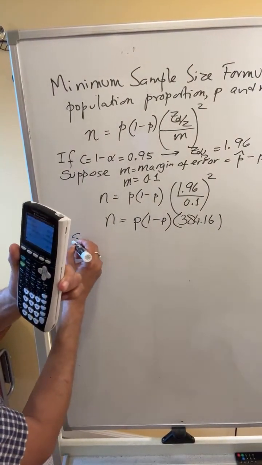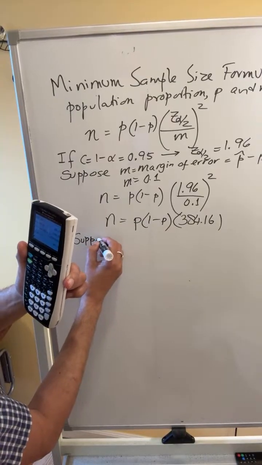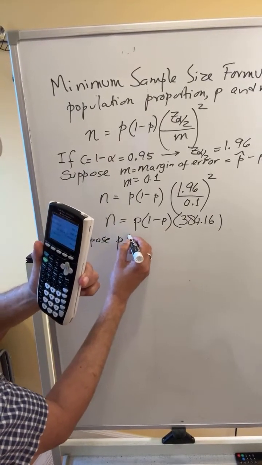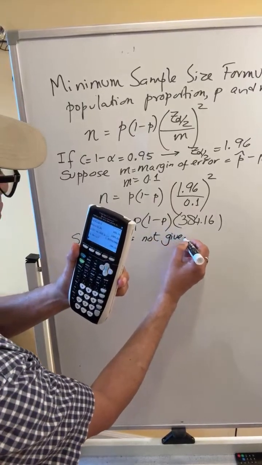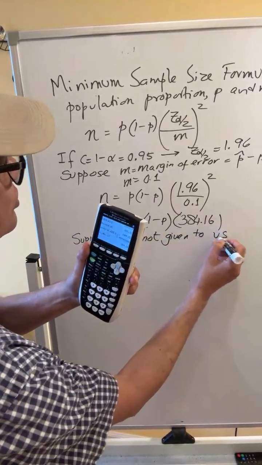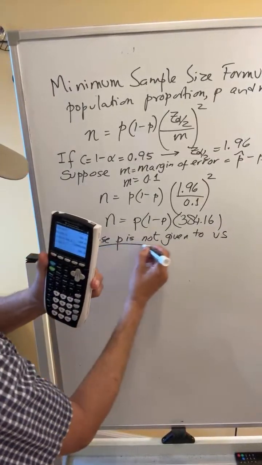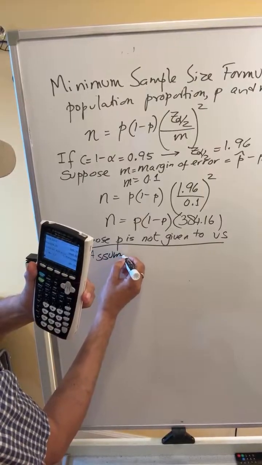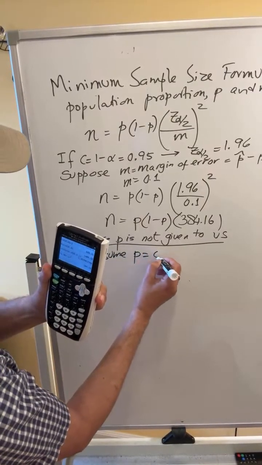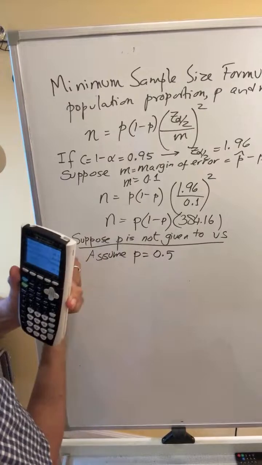Suppose P is not given to us. Population proportion is not known. Then the textbook says assume P is equal to 0.5.